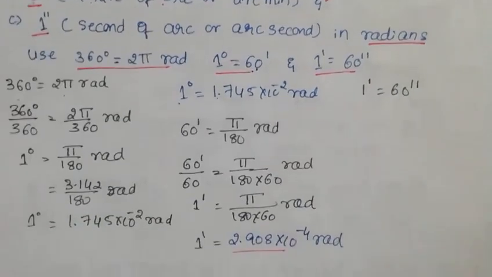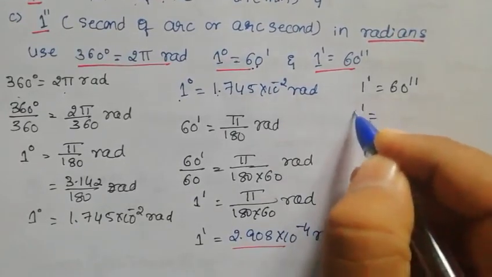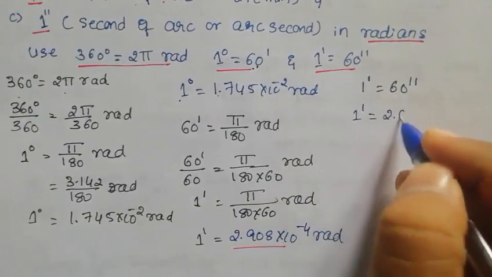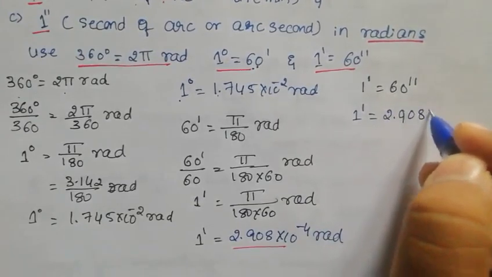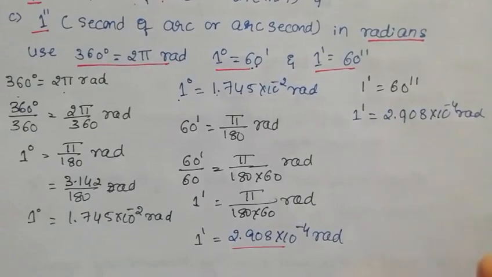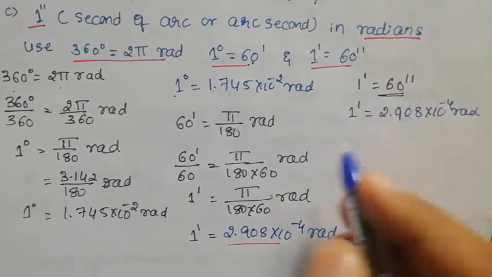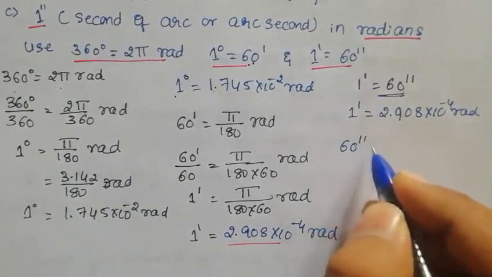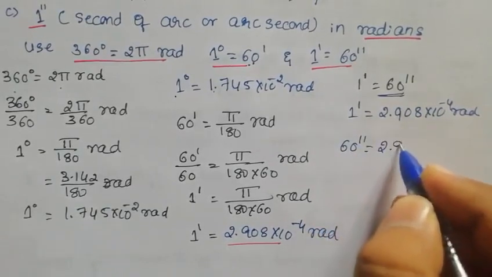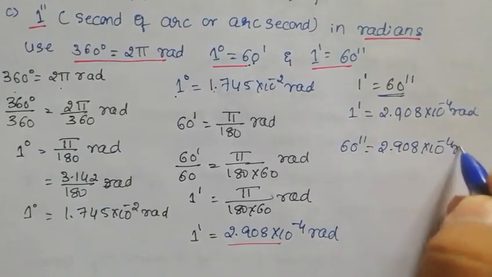What answer we got here, students? 1 minute equal to 2.908 into 10 power minus 4 radian. 1 minute equals 60 seconds, so 60 seconds equal to 2.908 into 10 power minus 4 radian.